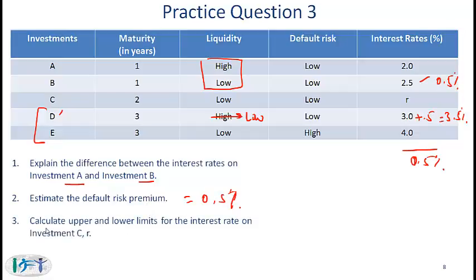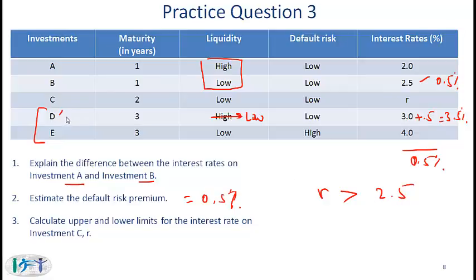And finally, can you calculate the upper and lower limits for the interest rate on investment C? Notice that between B and C, the only difference is that C has a longer maturity, which means that the interest rate on C must be greater than B. So we can say that R has to be greater than the return on B, which is 2.5%. So R has to be greater than 2.5.